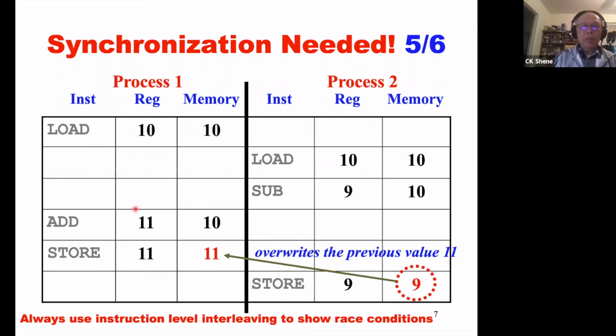So everything we saved when process 1 was switched out is reloaded into the register. Before the execution of this add, the register value is 10. Adding 1 to it makes it 11. Then process 1 saves this 11 back to memory, making the variable count become 11.